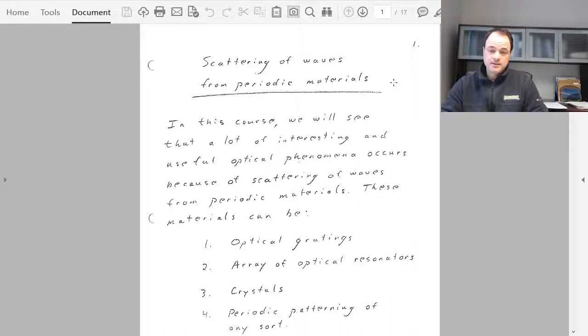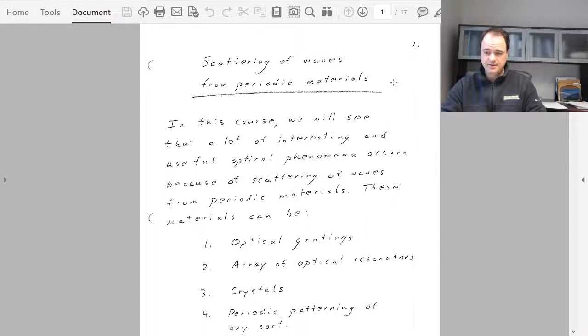And so that's why we need to talk about it a good amount today, and we're going to devote a whole lecture to some fundamentals of scattering of waves in periodic materials, so that we can understand the language that we'll be using for many of the other lectures, as well as the math and some of the defined terms, but then also understanding some physics that the periodicity of a material allows.